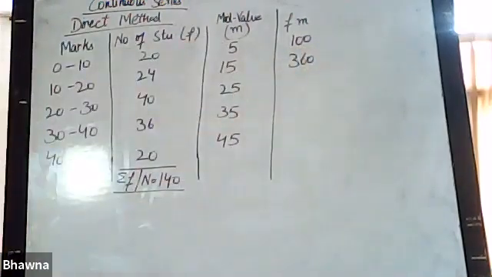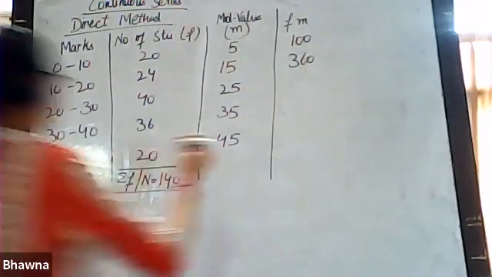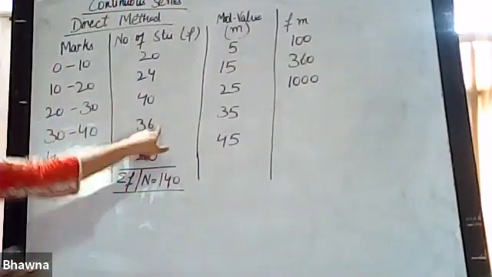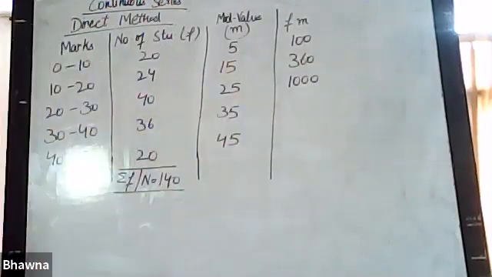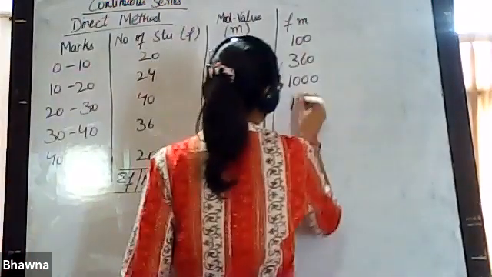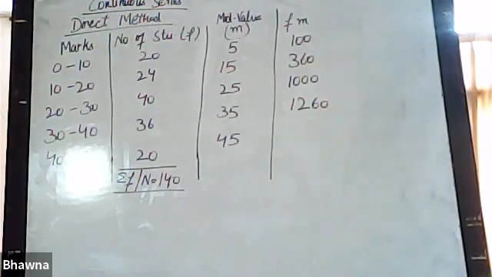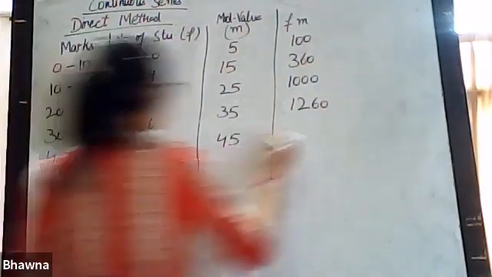After that, 40 into 25, 1000. 36 multiplied with 35, that is 1260. And then last, 20 into 45, that is 900.